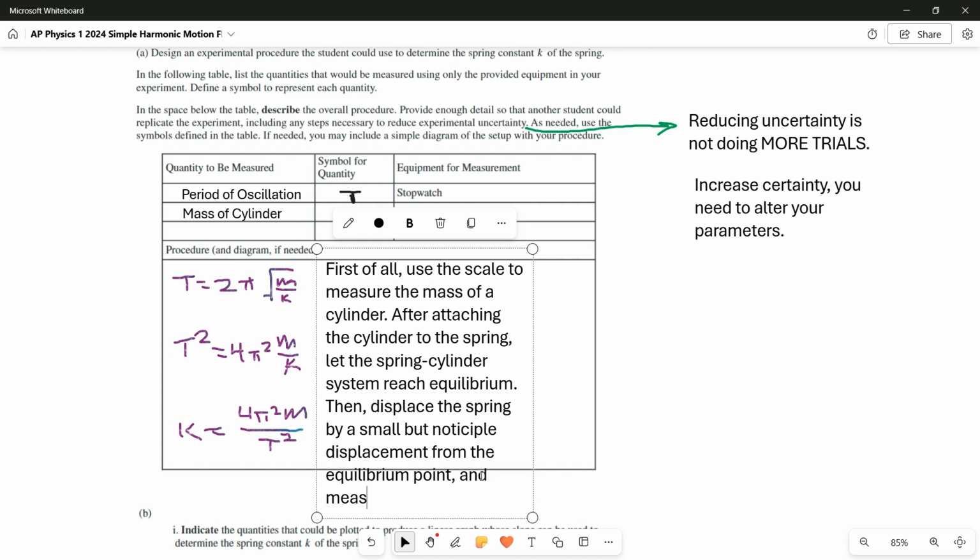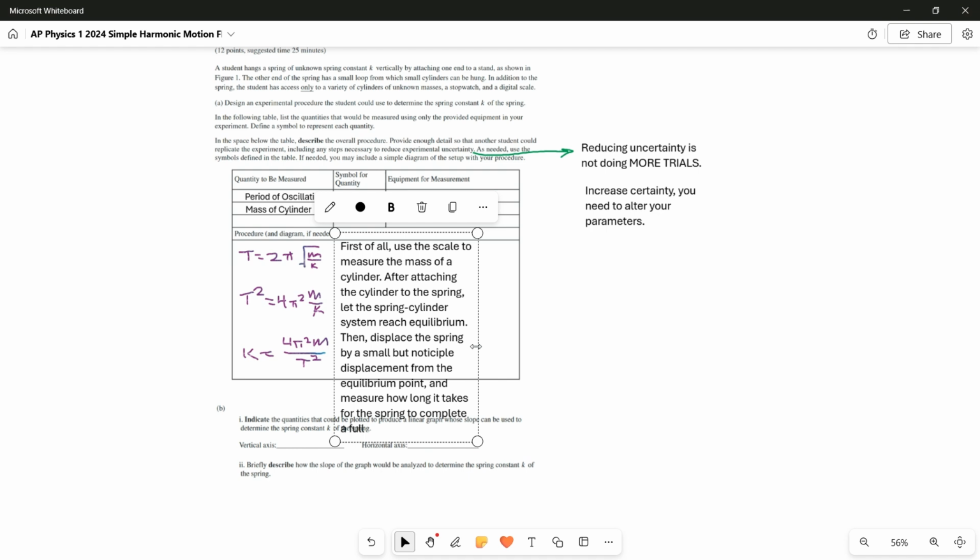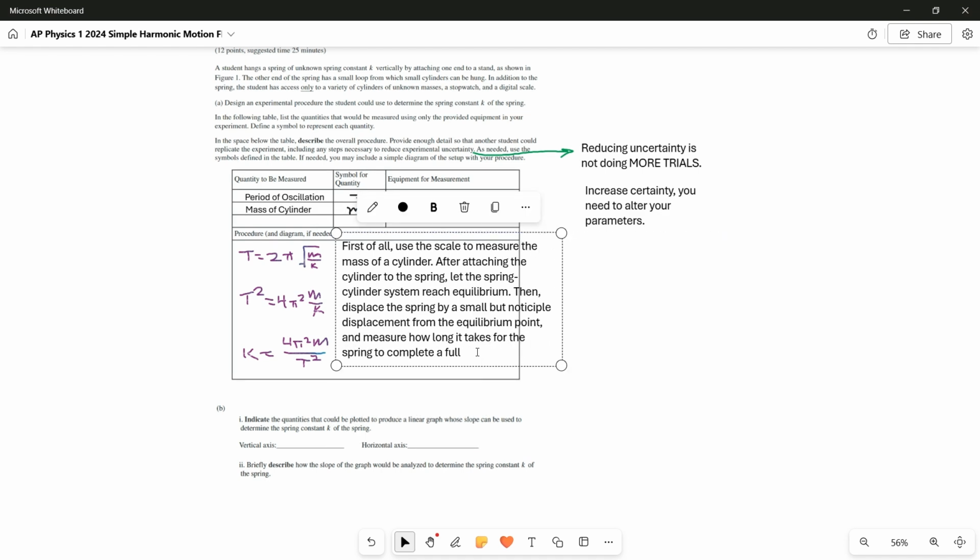and measure, let's say, how long it takes for the spring to complete a full oscillation. Let's say complete 10 full oscillations, so we would be increasing our precision as well.